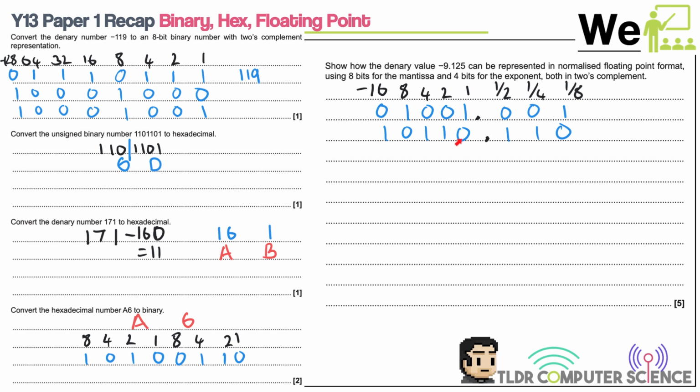So don't add a 1 here. Add a 1 here in the least significant bit. And then you get the value of 10110.111, which I believe is what we just said. So negative 16 plus 4 is negative 12, plus 2 is negative 10, plus 0.875 gives negative 9.125.